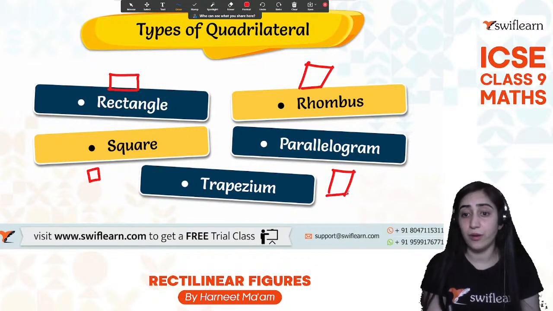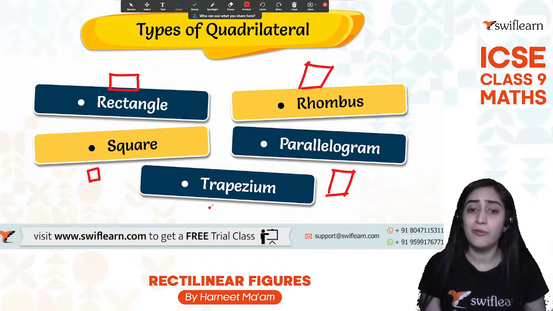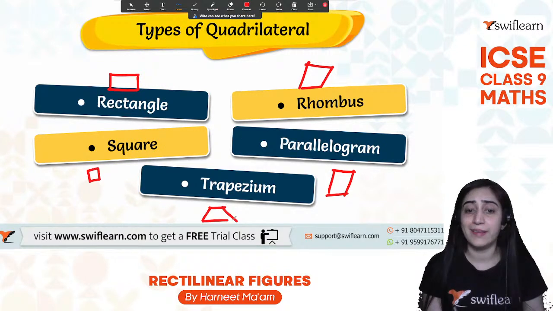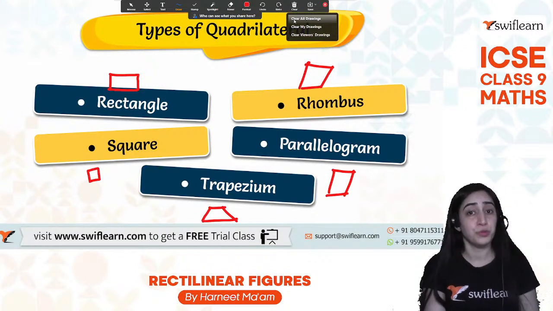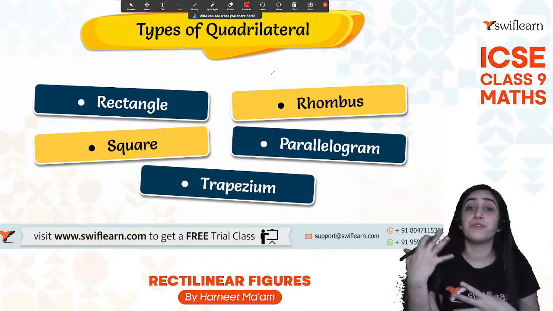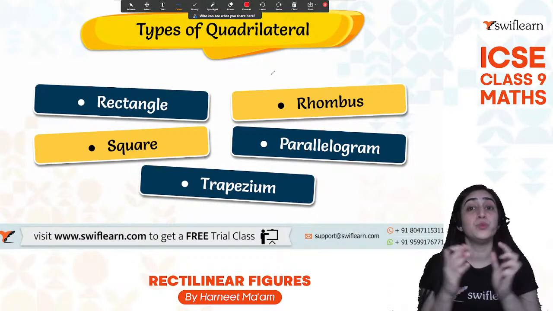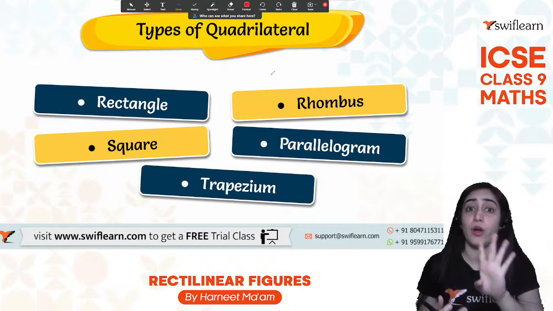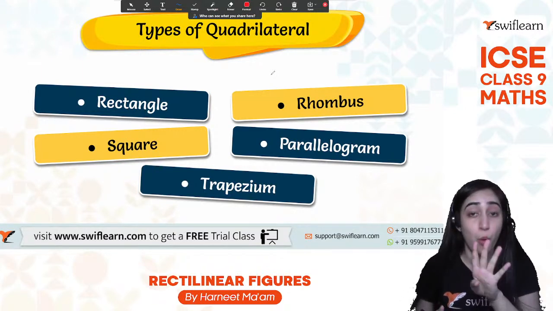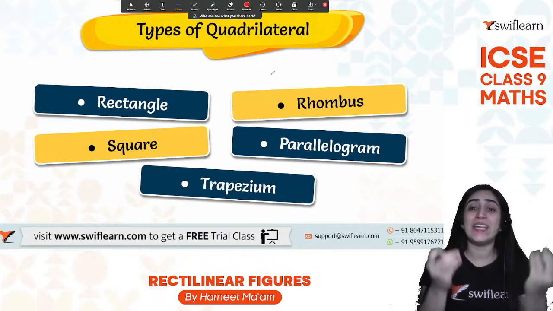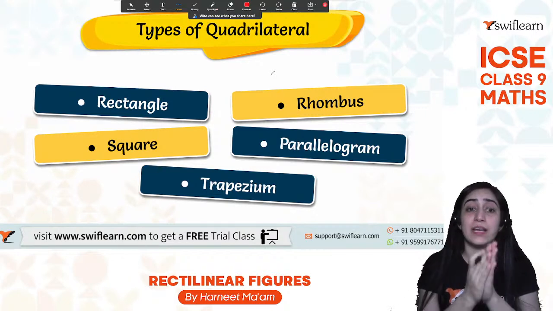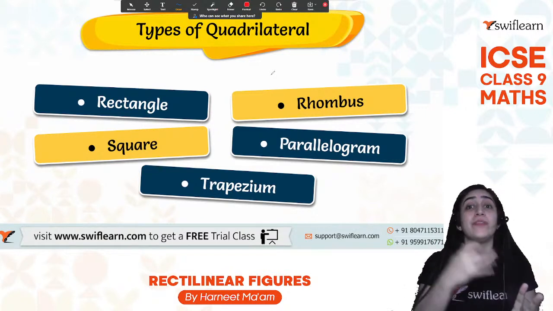We can say it is a parallelogram. Similarly, we are able to draw a prism-like shape, something like this, and it also has four sides. So these are the different names given to the figures which can be made in various ways with four sides, four angles, and four vertices. All right. So now let us easily and quickly understand why we have named these and how they are different.